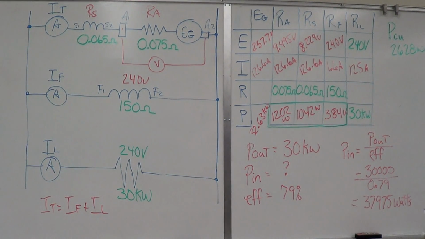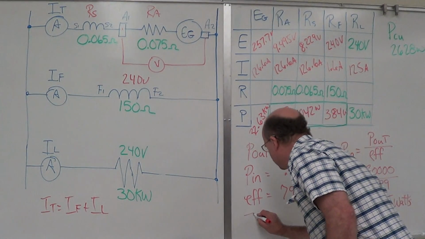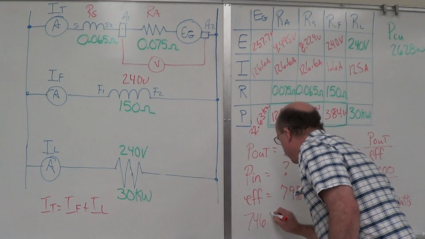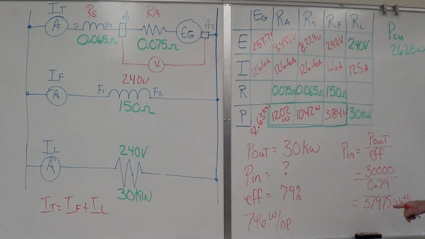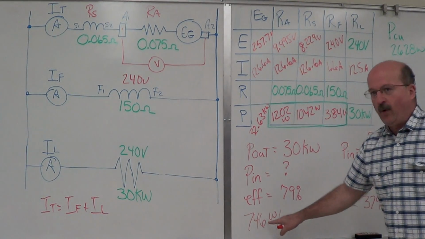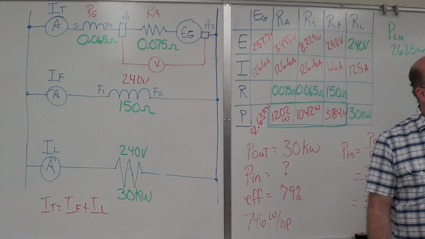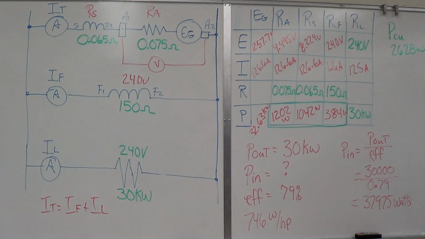Is that horsepower? No, it's watts, right? How do I convert watts to horsepower? We have 746 watts per horsepower. So if we divide watts by watts per horsepower, we will get horsepower.